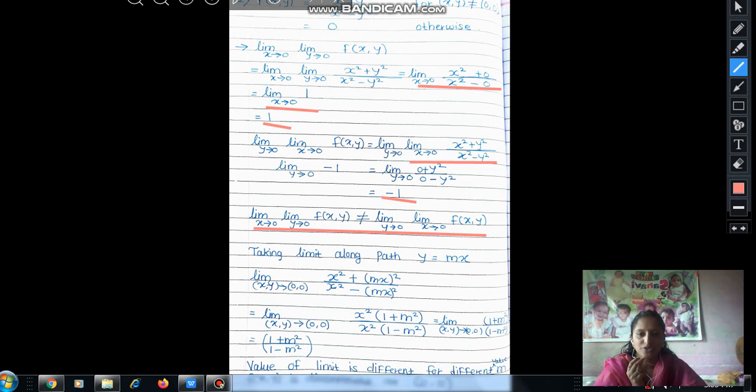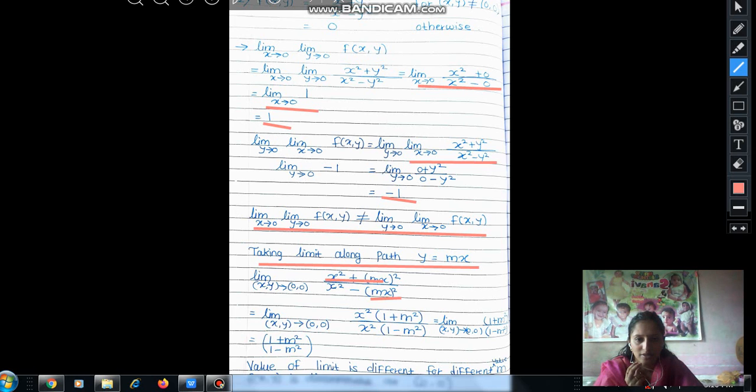Okay, now we check the continuity of this function. Here we take a limit along the path y equal to mx. That is, we substitute y equal to mx in that function. So consider the limit as (x, y) tends to (0, 0) of x square plus m square x square upon x square minus m square x square.